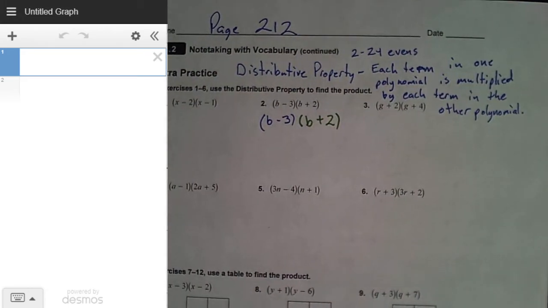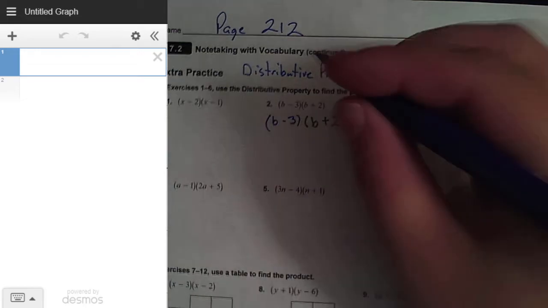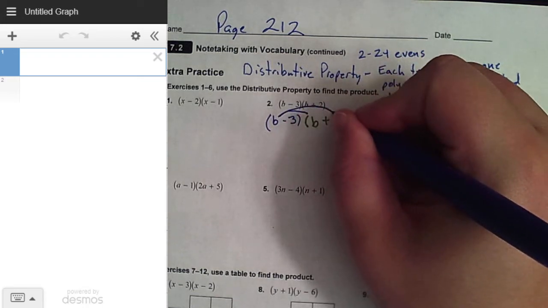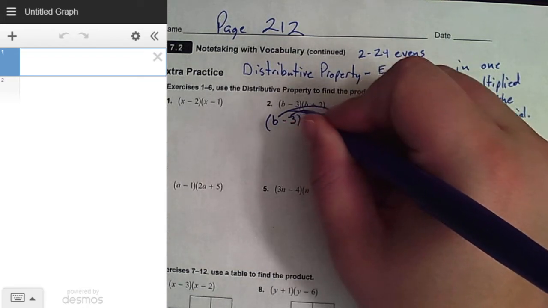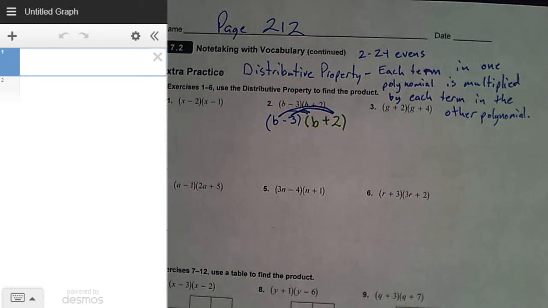Again, in the distributive property, and actually when we're multiplying two polynomials, each term in the first polynomial is multiplied by each term in the second polynomial. When we talk about that rainbow method, we take the b times the b and the b times the 2, and then the -3 times the b and the -3 times the 2. Okay, we're doing those operations.